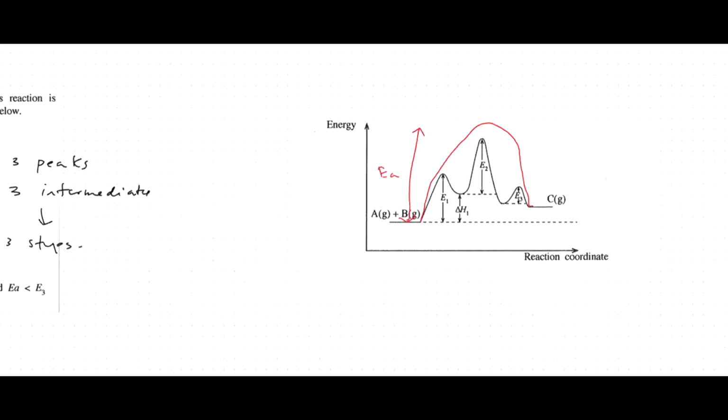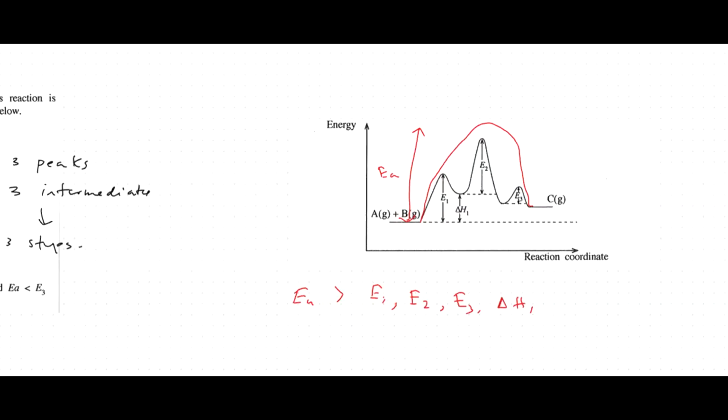Therefore, EA is always greater than any of these energies: E1, E2, E3, and delta H1. Because EA is the activation energy of the reaction before catalyzing. That activation energy is always greater than any of these, because we catalyze the reaction in order to minimize the activation energy through a new reaction path.